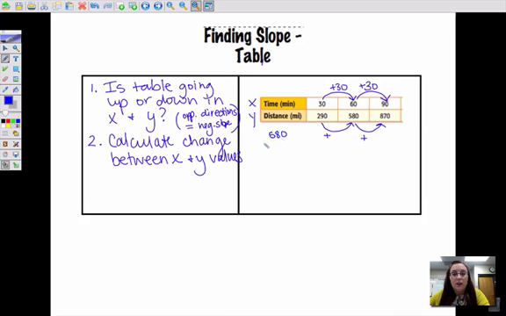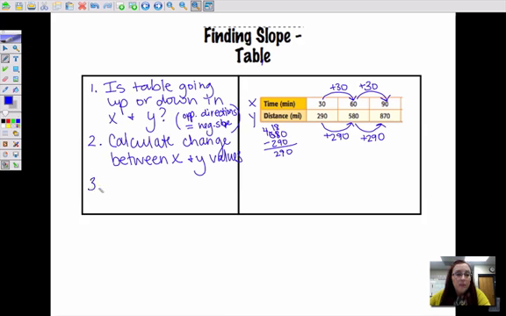So I'll subtract 580 minus 290, and that'll give me 290. So it should be adding 290, and I would double check with my calculator that 870 minus 580 is also 290. It should be, as long as this is linear, it should be going the same each way.